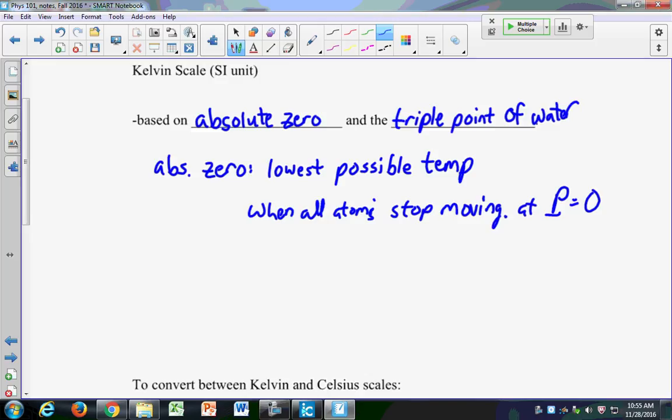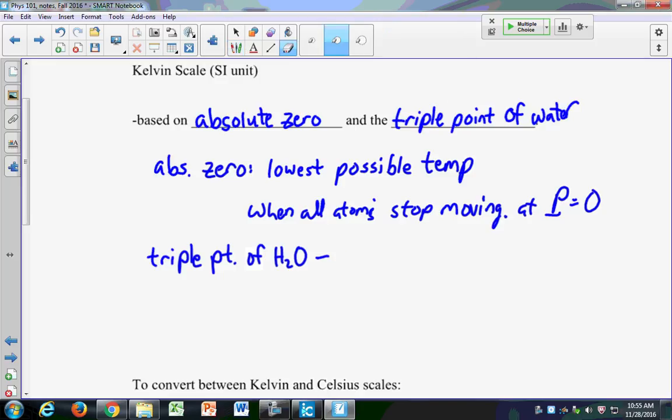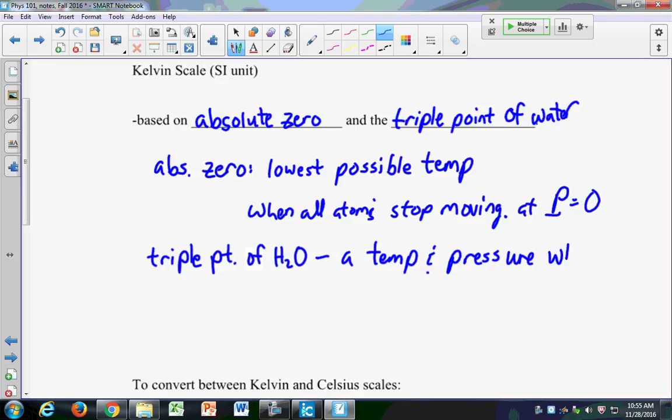The triple point of water. This is a particular temperature and pressure when water exists in all three phases.